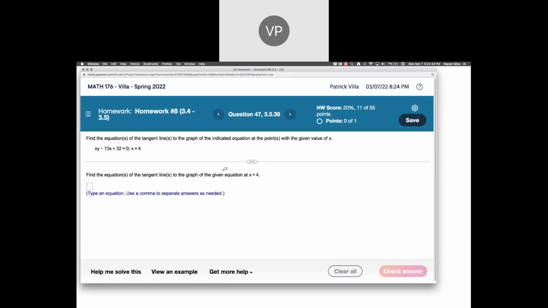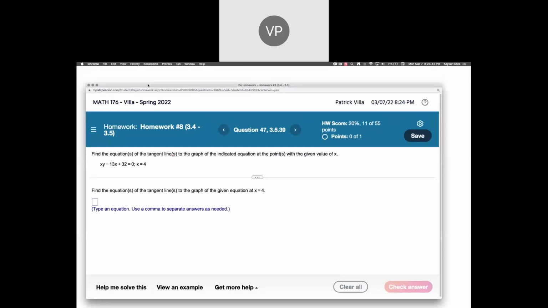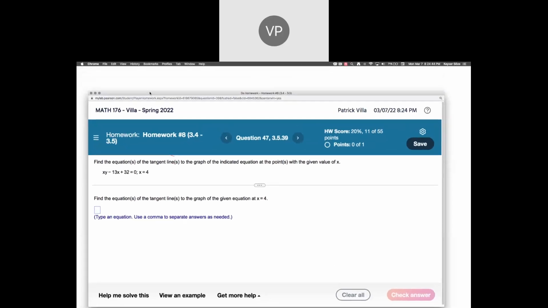So what I'm going to do is I'm going to clear my screen a little bit, but I want to just copy the equation and then get rid of all this stuff just so we can have the entire screen to work. So remember, we have xy minus 13x plus 32 equals 0.